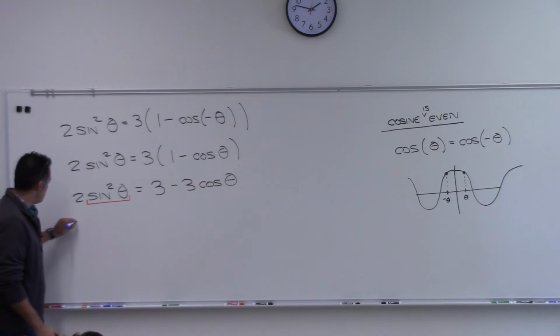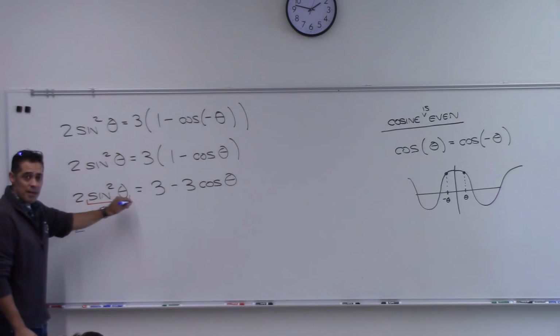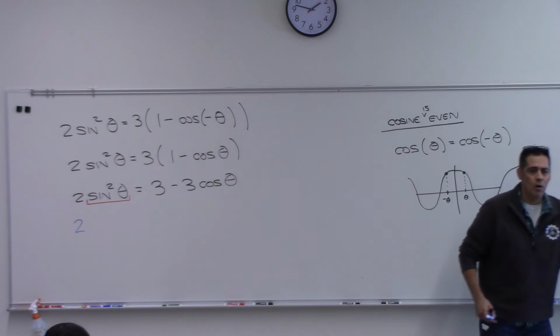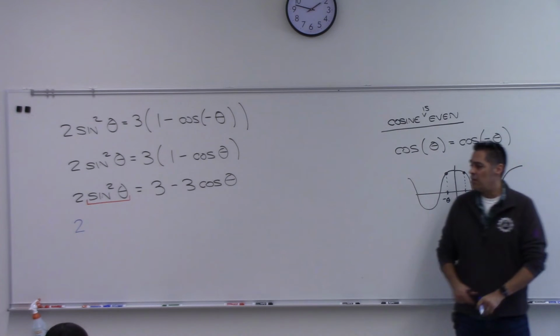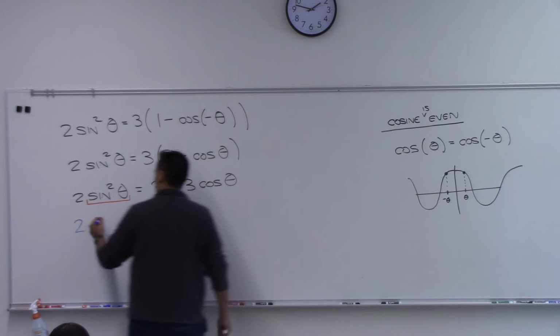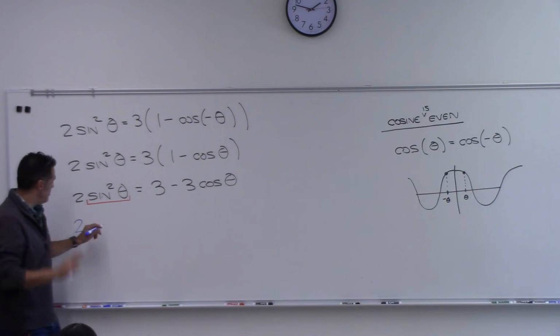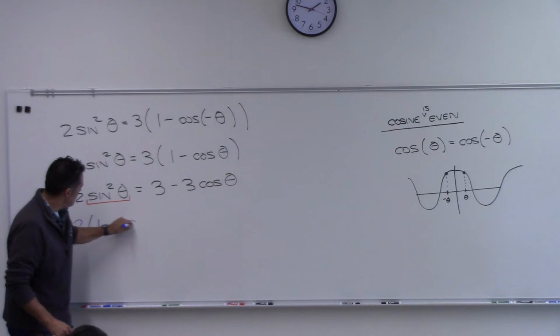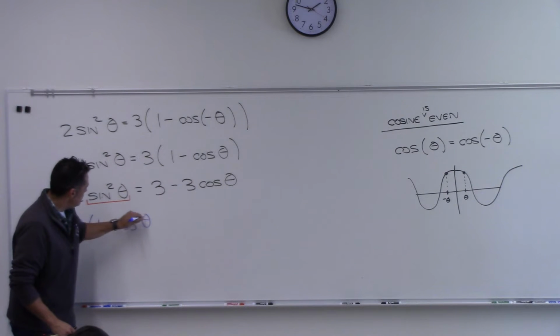So now that becomes 2 terms, right? The sine squared theta is going to become 2 different things, isn't it? 1 minus cosine squared theta. So the 2 that's in front will have to distribute through to both terms, which means I have to have this as a 1 minus cosine squared theta.